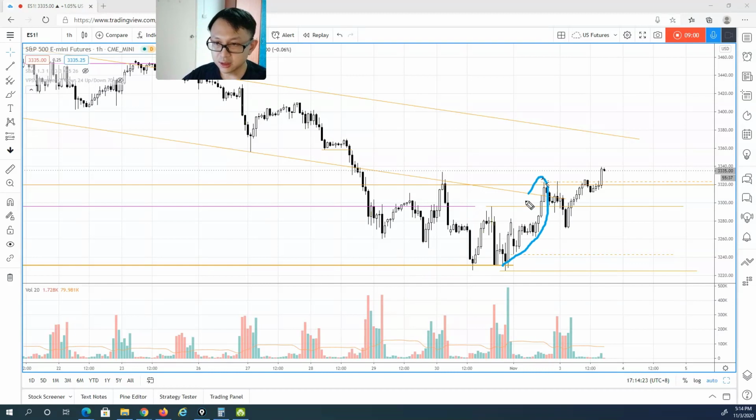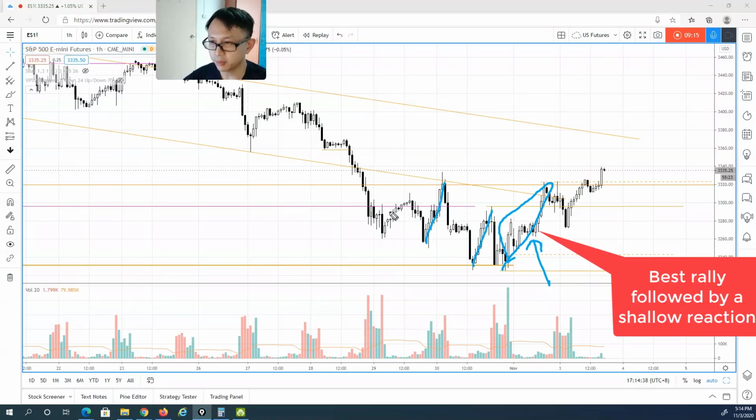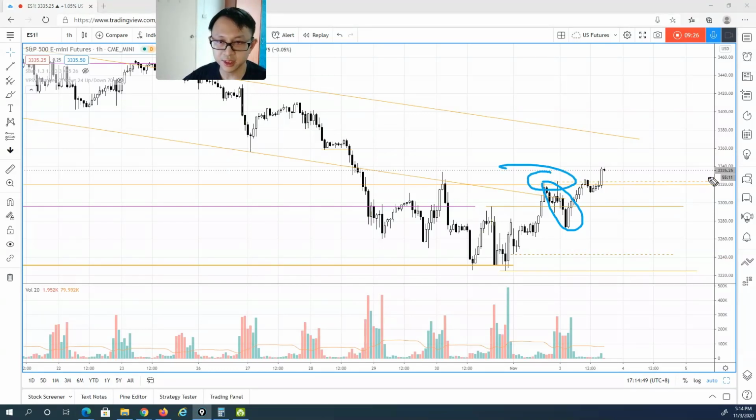This type of reaction is not that bearish, because this is some kind of the best rally, even compared to the past few rallies up. And in terms of the reaction, it's relatively shallow. Instead of failing right at this resistance at 33.20, the reaction did not really go all the way back to test the low at 32.20.